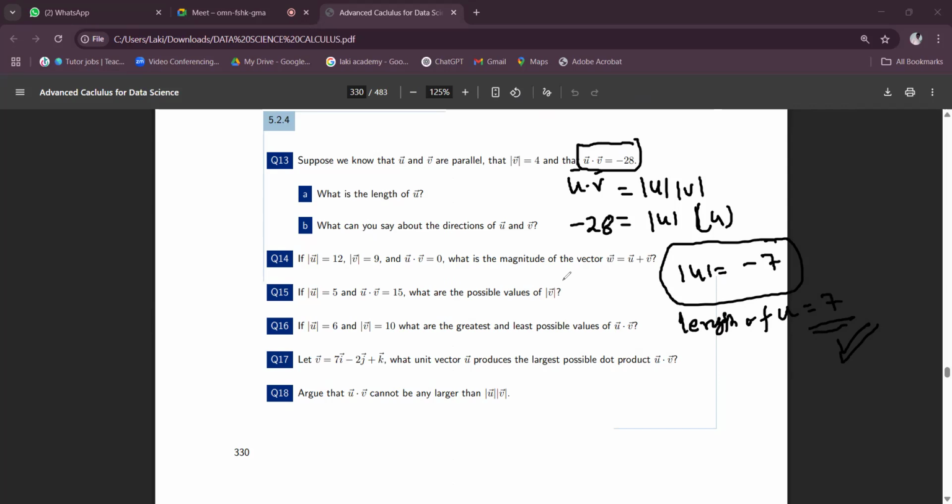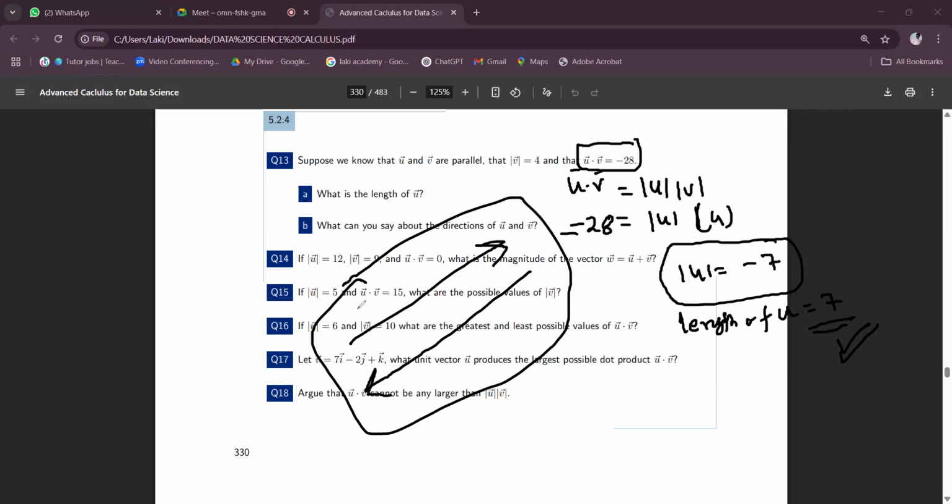Then what does the negative sign represent? If a line is going in the right direction, the other line will go in the opposite direction, and they are parallel. Understood? So the second part is the opposite direction.